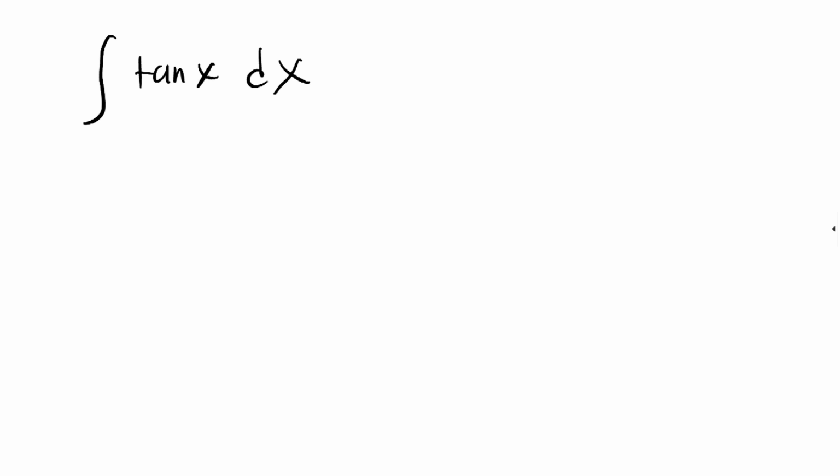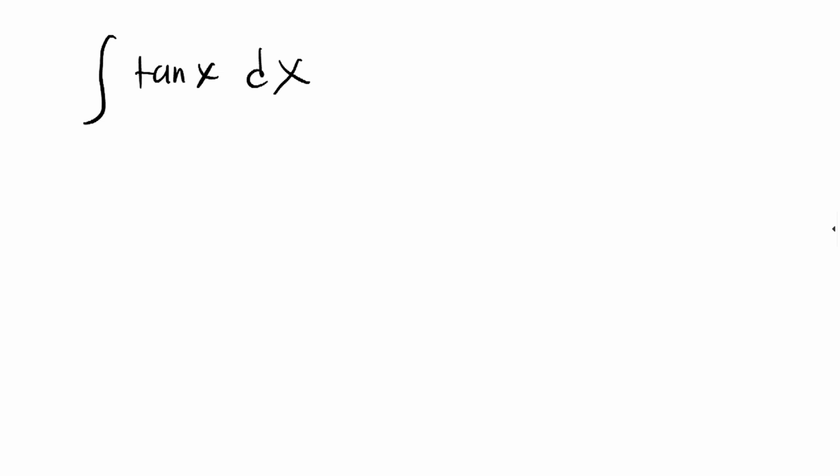Once you let u equal something, you find its derivative, and you hope that the differentiated version of u can cancel something out when you fill in everything. But in this case, we don't really have that.